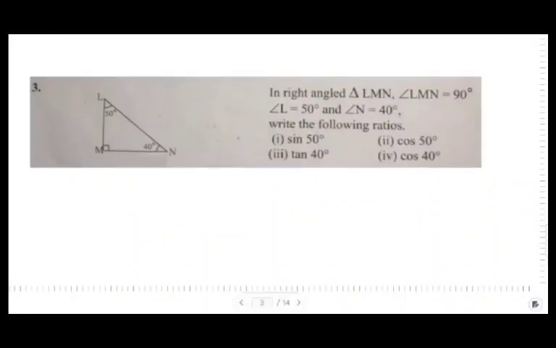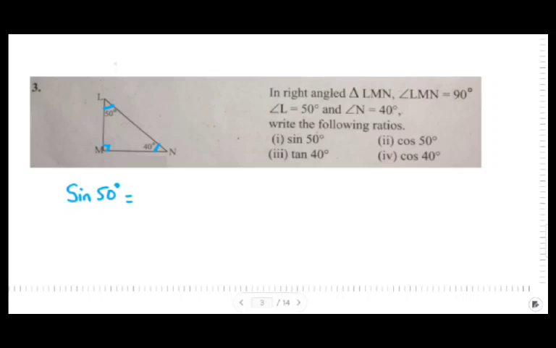My third sum says, in right angled triangle LMN, angle LMN is equal to 90 degrees. Here's my LMN. Angle L is 50 degrees, so this is 50 degrees, and angle N is 40 degrees. Okay. So write the following ratios. So it is sine 50. Okay.